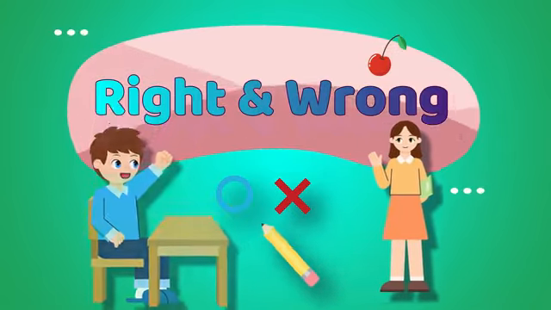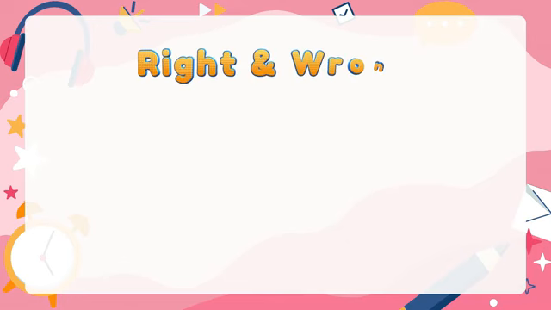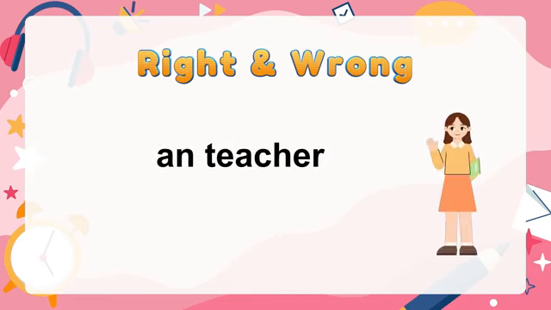Right and wrong. Now let's look at the right and wrong section. The first one says, an teacher. This is wrong because teacher begins with a consonant, so we need a.